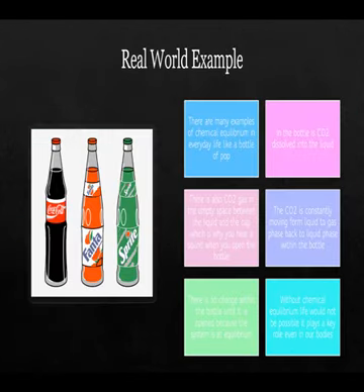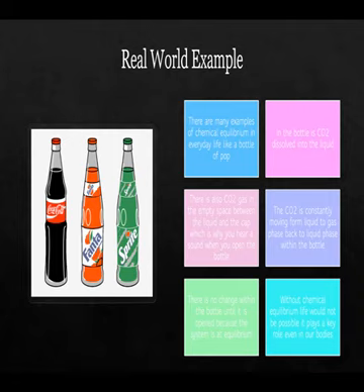There are many examples of chemical equilibrium in everyday life, like a bottle of pop, for example. In the bottle is CO2 dissolved into the liquid. There is also CO2 gas in the empty space between the lid and the cap, which is why you hear a sound when you open the bottle.